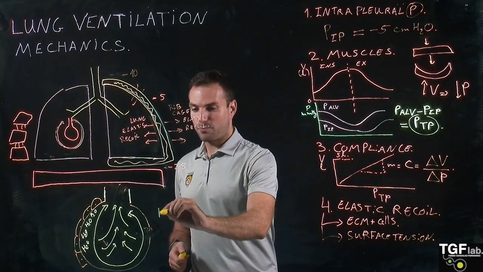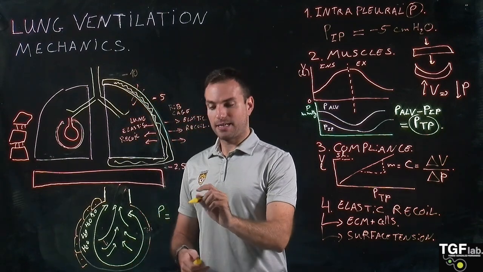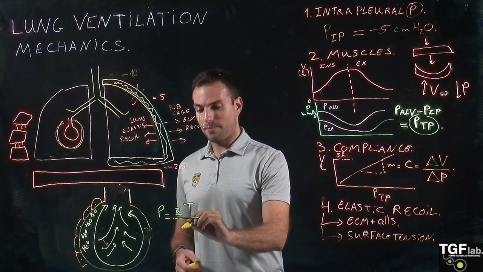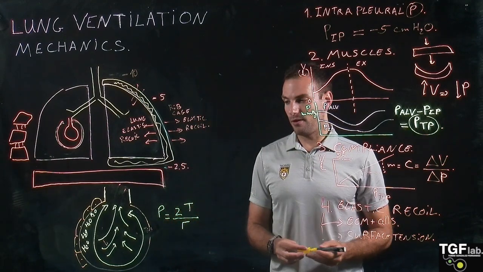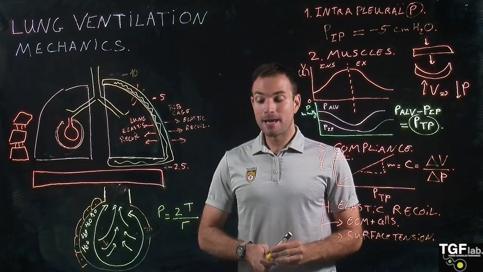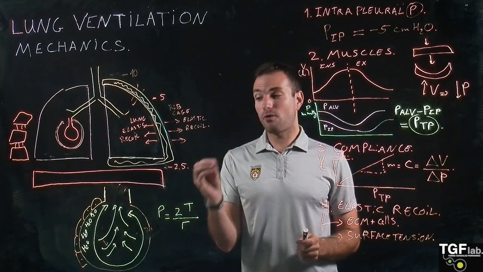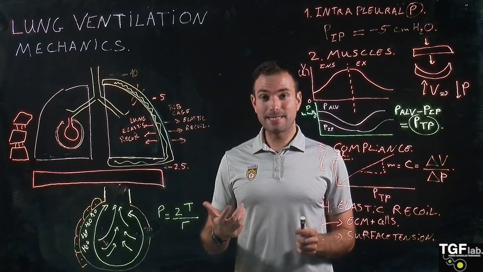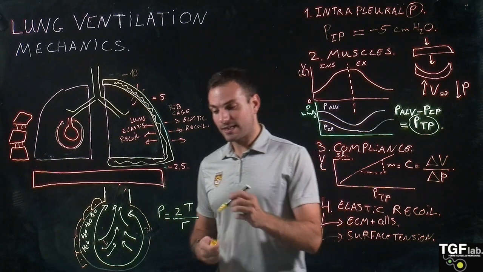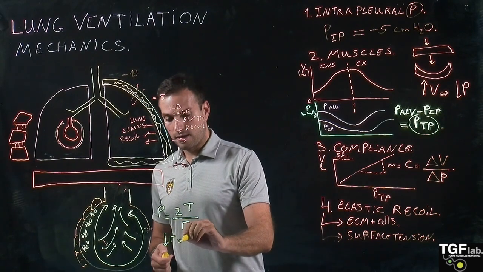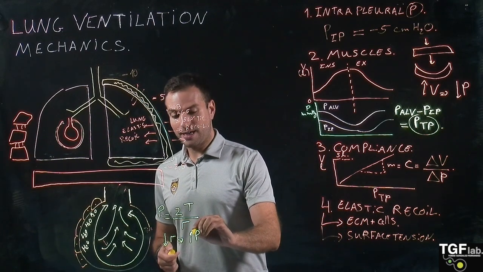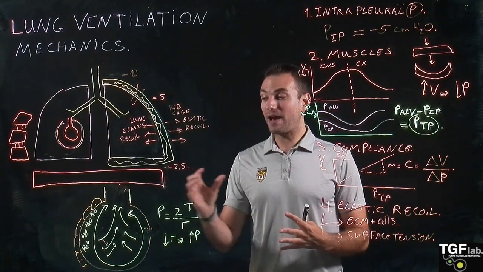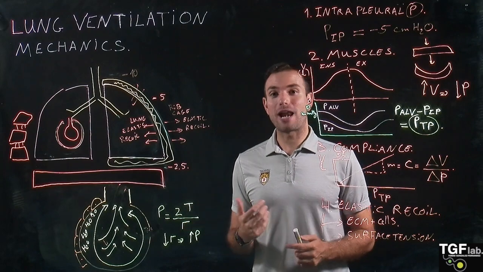Okay? And this pressure generated by the tension is equal to tension divided by the radius of the alveolus. So this is really important because some of our alveoli are really, really small, especially in small kids, in babies. Therefore, if the radius is really low, the pressure is going to increase, and this recoil is going to be really strong, and we have the risk of our alveoli to collapse.